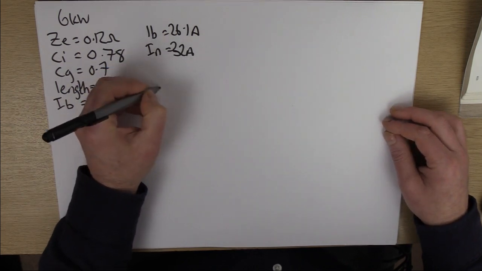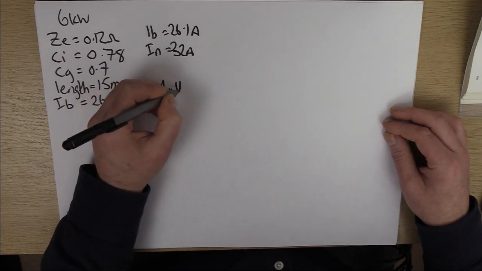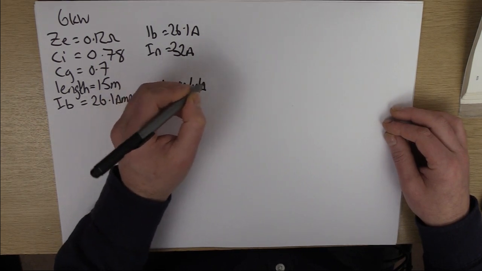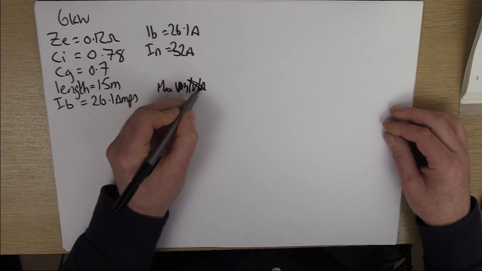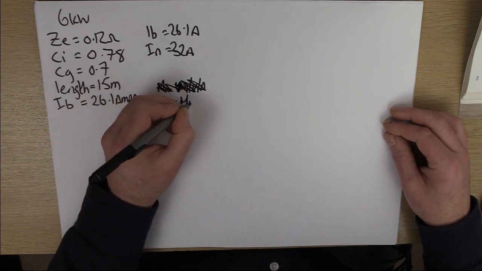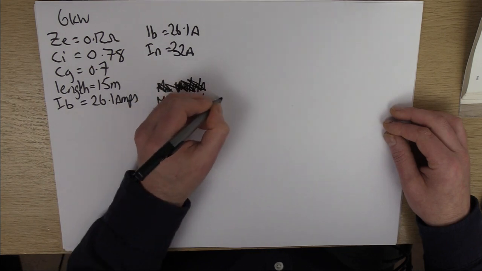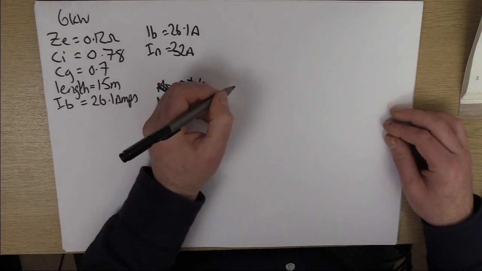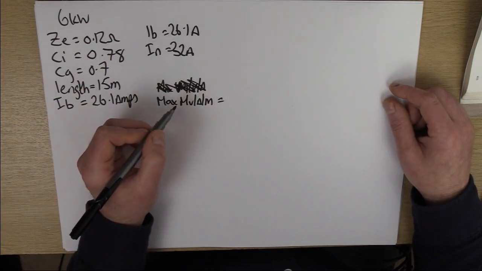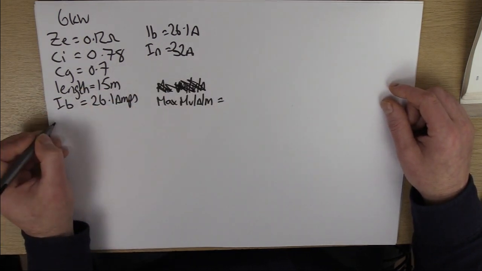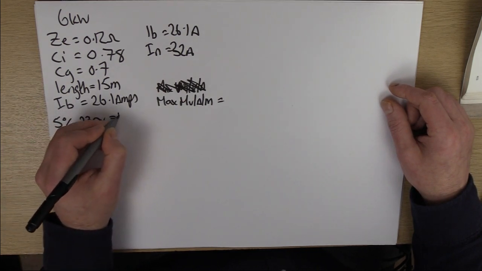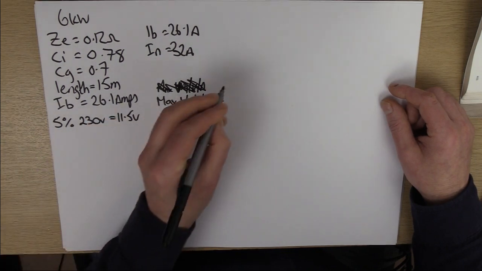So rearranging that volt drop again, max millivolt per amp per meter. God, slow down, Craig. Is equal to our maximum volt drop, single phase now, it's still power, so it's 5% of 230 volts, which is 11.5 volts.